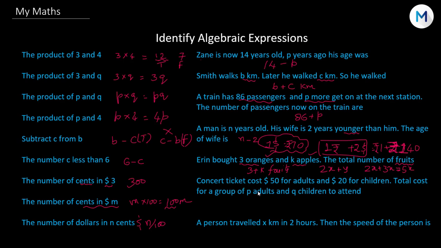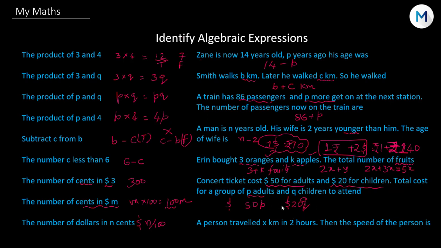Now, coming to the next one, we observe the cost of a concert we are going to. The cost for adults is $50, and for children it is $20. For p adults, the total cost is 50p. That is the total cost for the adults, and the cost for the children, where the number of children is q, is 20q.